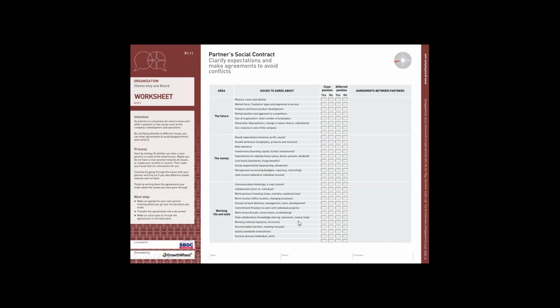So it may be bringing up to conscious level how you do what you do and what you want to keep and what you want to change. So that impacts all of these kinds of things. Okay, and you notice that there's an extra one on each of these because maybe there's something else that isn't on this sheet that you also feel needs to be in your agreement.